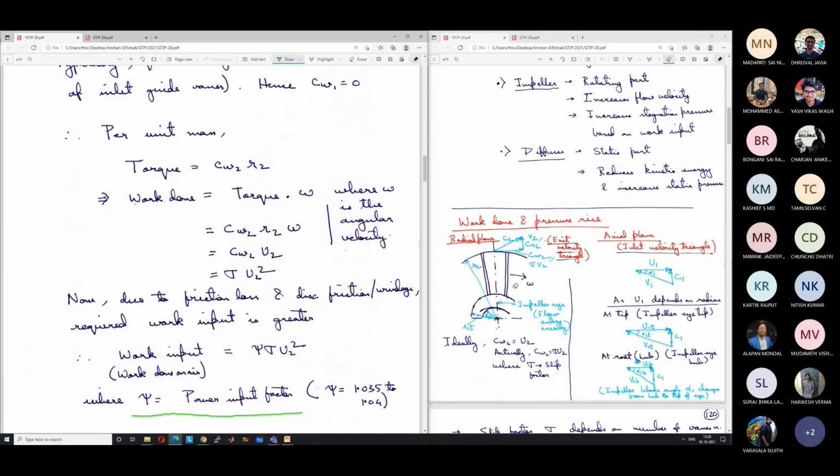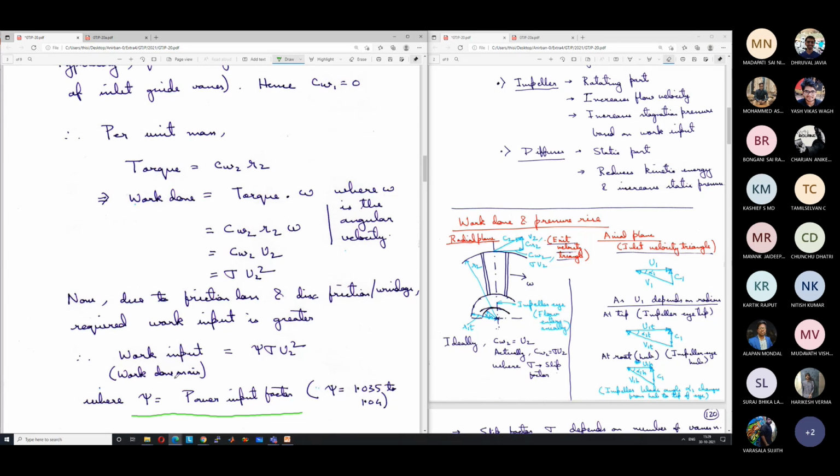Overall, whatever the frictional loss is, that is represented by the isentropic efficiency of the compressor. But the power input factor just represents the frictional losses occurring in the impeller. Obviously, the power input factor will be related to the isentropic efficiency of the compressor. I will come to that in a minute.